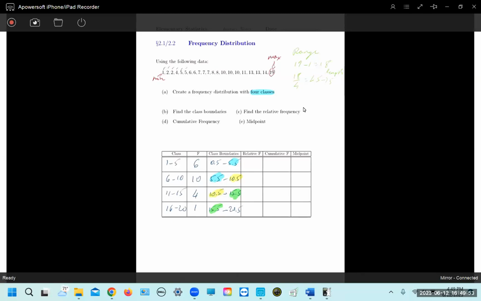And we go for the relative frequency. First we total up what we know, we have to find the sum. The sum of this is 21, and this one is the sample size, 21.